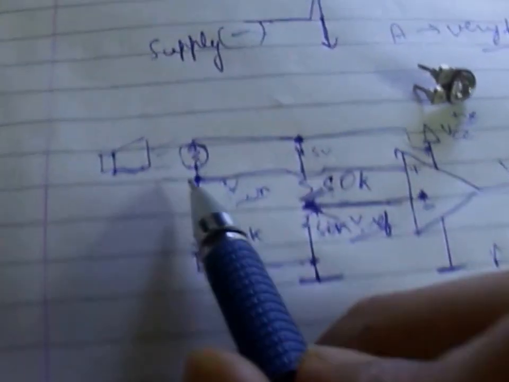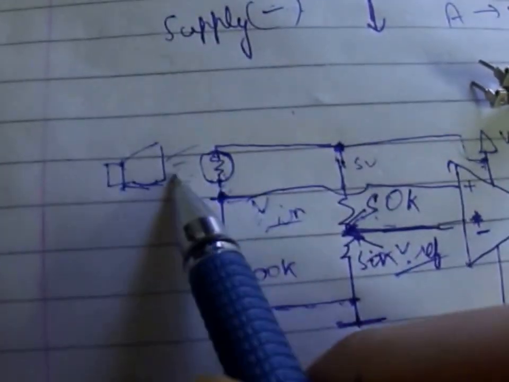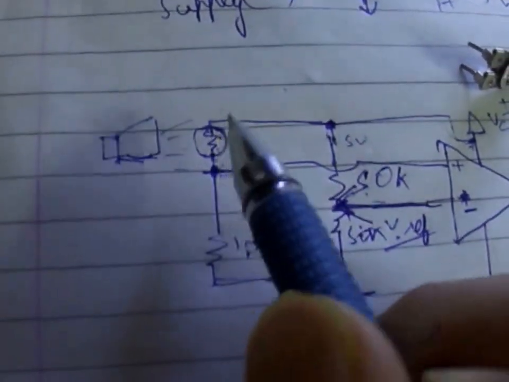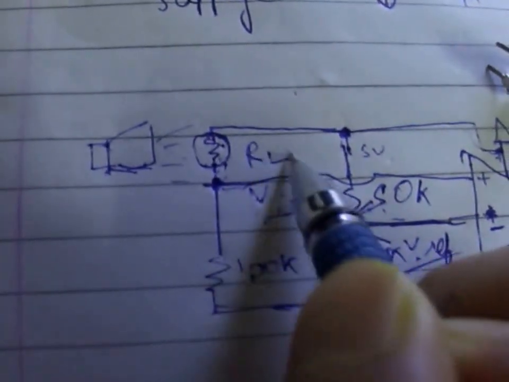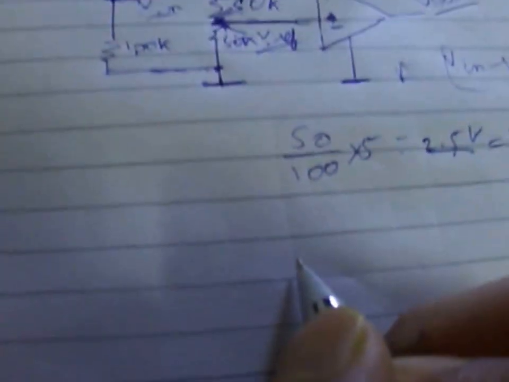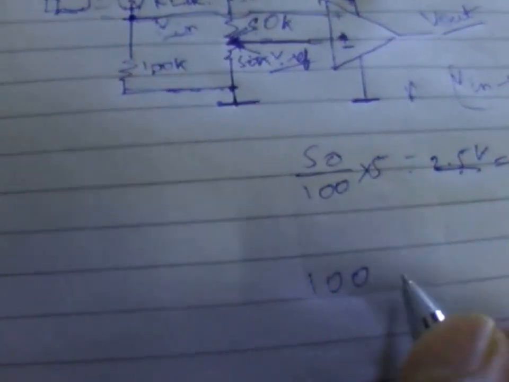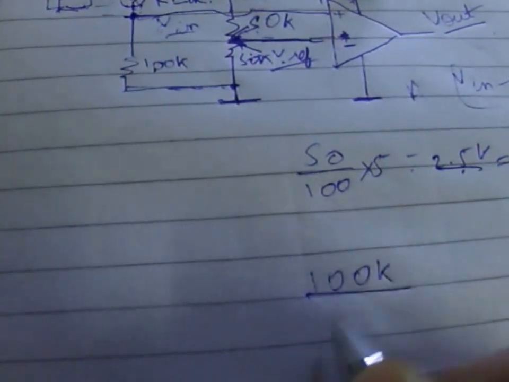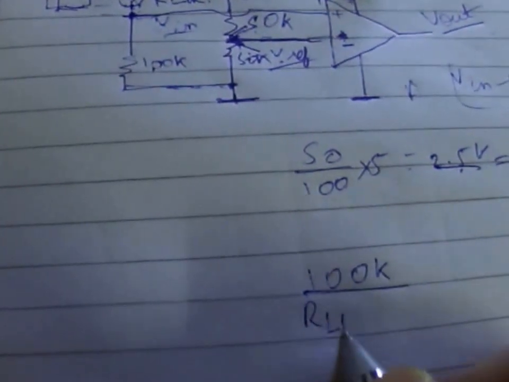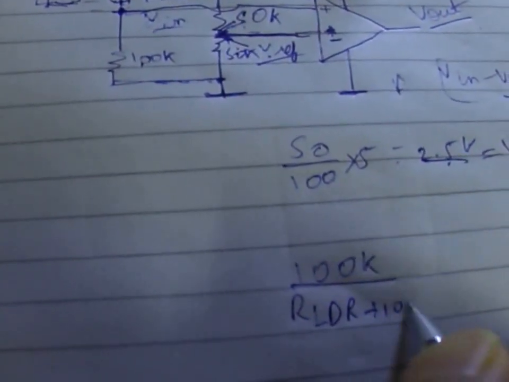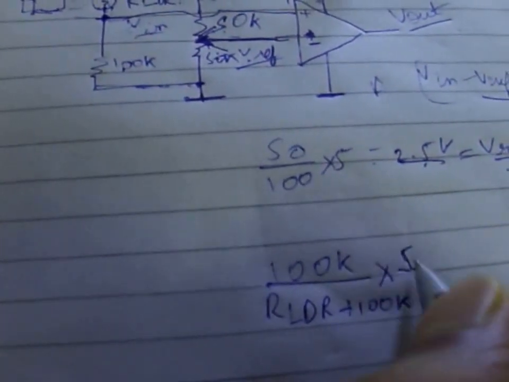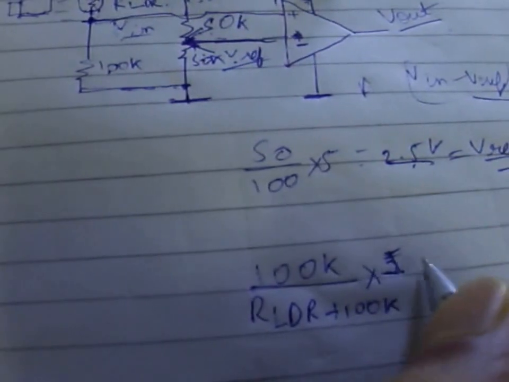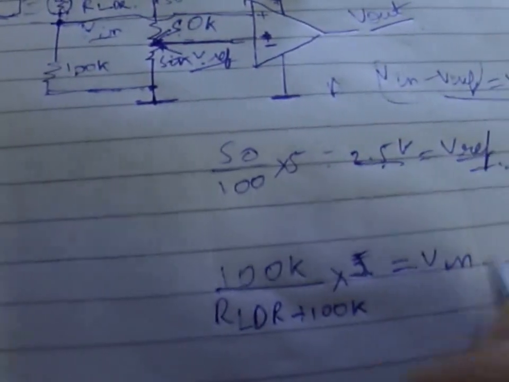Okay, now this LDR is set, this is 100k. Whatever will be the resistance of this LDR, let us call it R LDR. Now 100k upon R LDR plus 100k, times 5 volt, will give us V in.